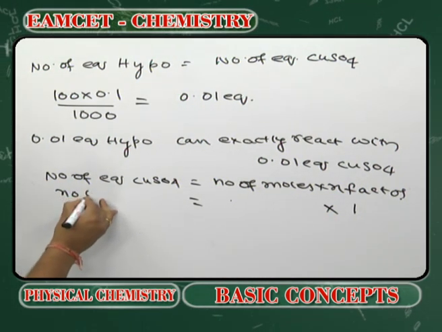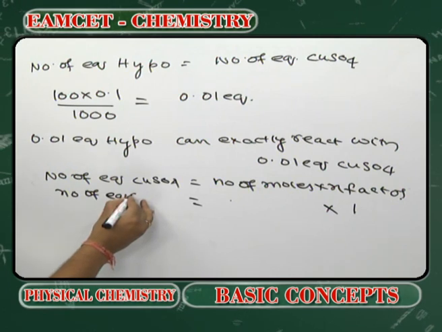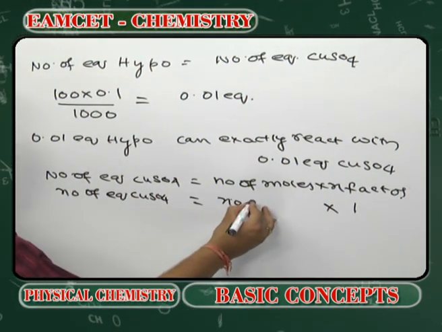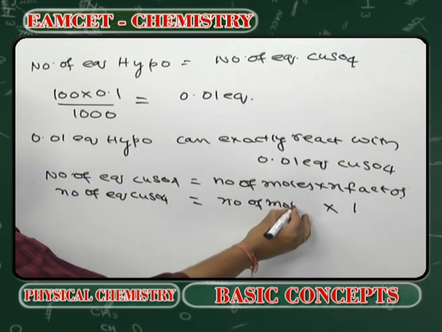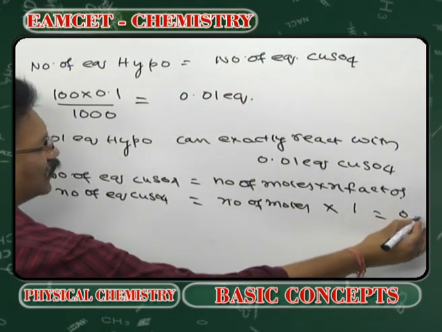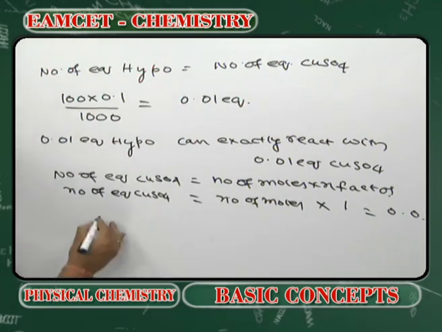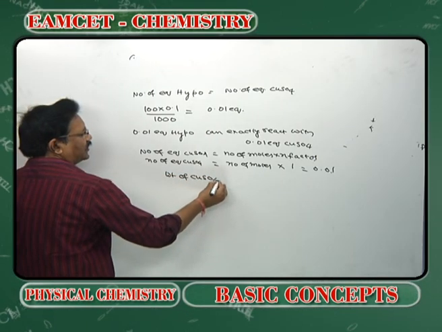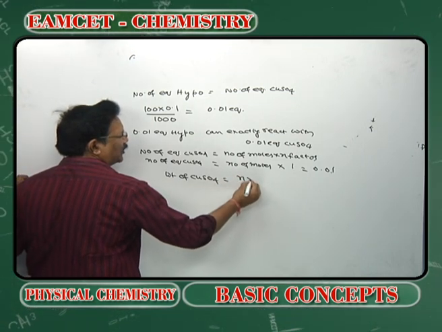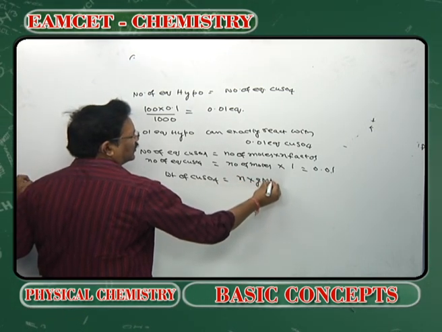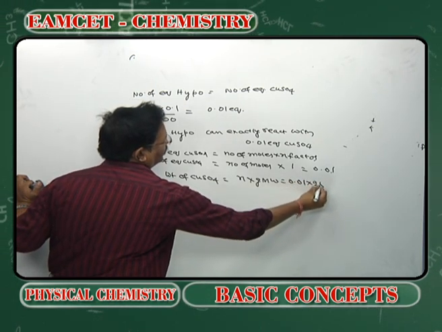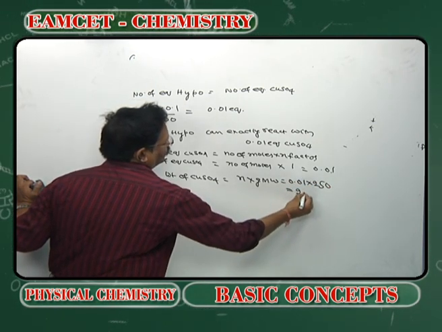Therefore, number of equivalents of copper sulfate will be equal to number of moles of copper sulfate, which is equal to 0.01. So weight of copper sulfate will be equal to number of moles into gram molecular weight, 0.01 into 250, that is 2.50.